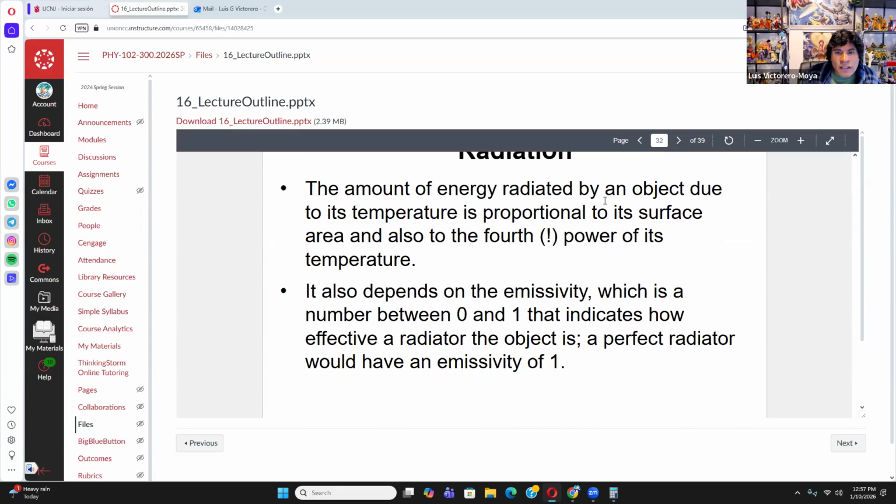The amount of energy radiated by an object is proportional to the surface area, which in the case of the sun will be 4 pi r squared, the total area of a sphere. It also depends on the temperature of the body, and what we know as the emissivity, a constant that goes between 0 and 1.